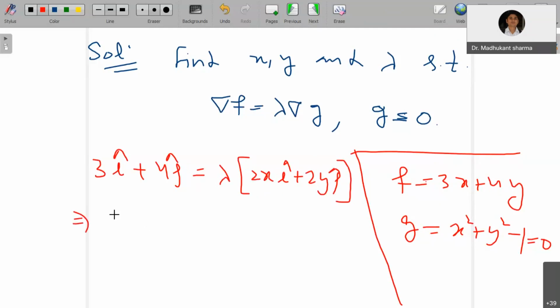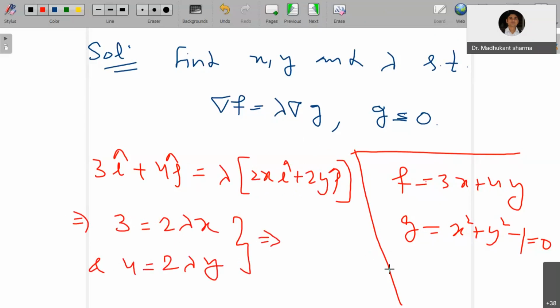This is only possible when you have 3 equals 2 lambda x and 4 equals 2 lambda y, and these together imply x equals 3 by 2 lambda and y equals 4 by 2 lambda, so that's going to be 2 by lambda.